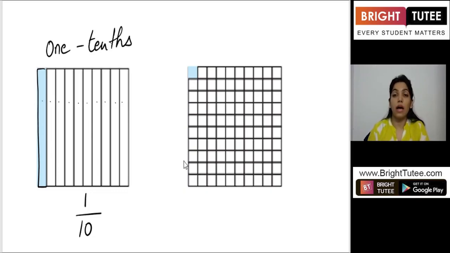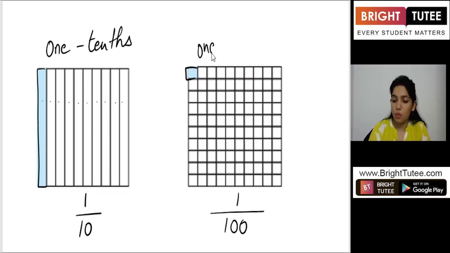Okay. Now look at the second image. Here you have got 100 divisions, out of which only one box has been shaded. So how do we write it? We write it as 1 over 100. And how do we read it? We read it as 100ths. I hope this makes sense.